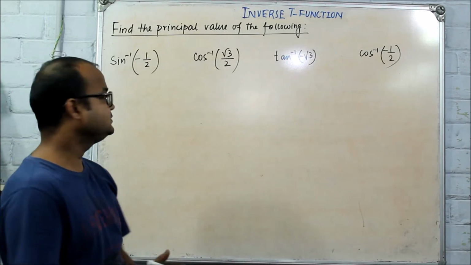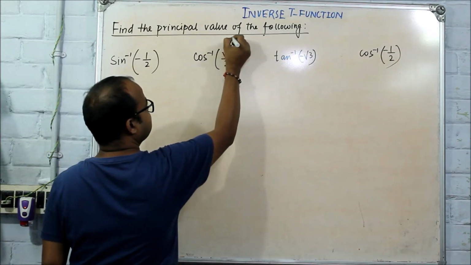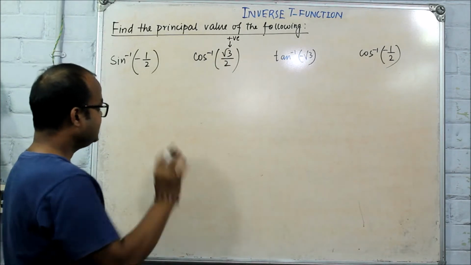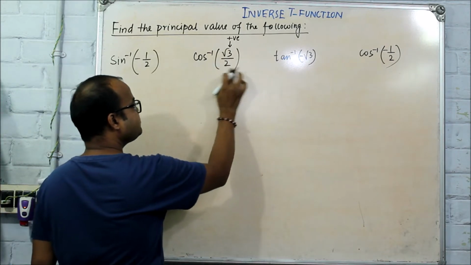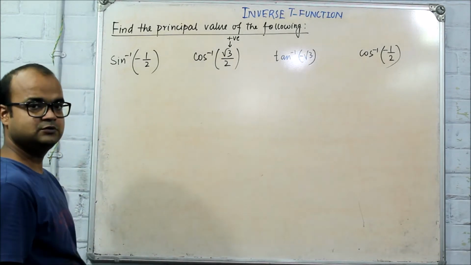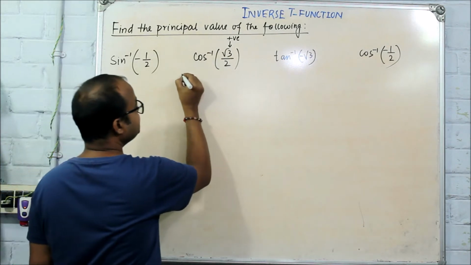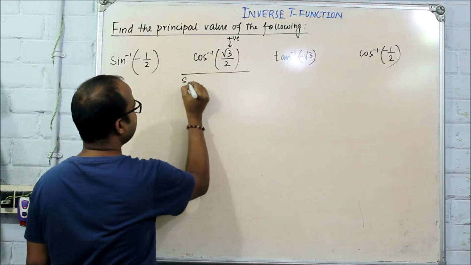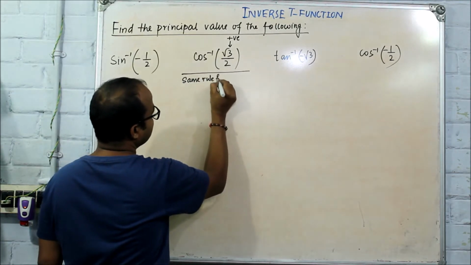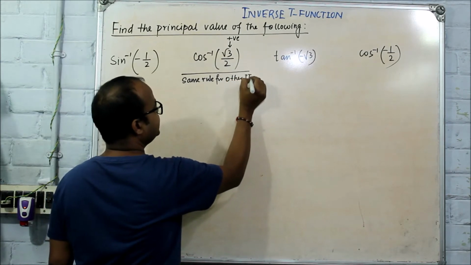The first thing, this term is positive. Now make sure when this is positive, cos inverse of a positive term, we are going to follow the same rule for other inverse trigonometric functions.